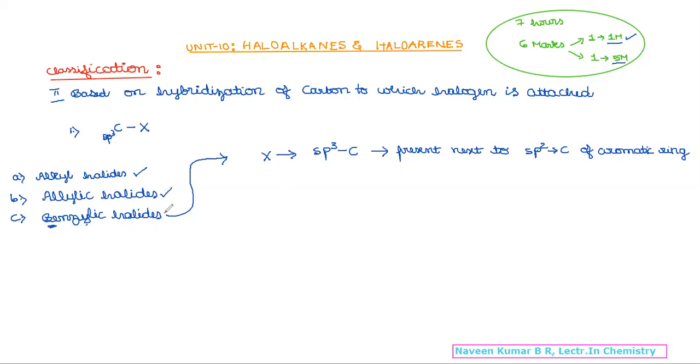If the halogen attached carbon is sp3 and it is present next to the aromatic ring's double bonded carbon, then it is called a benzylic halide. The structure will be more clear to understand. If we take the example, assume a benzene ring. We know that all the carbon atoms are present in sp2 hybridization in the case of a benzene ring.